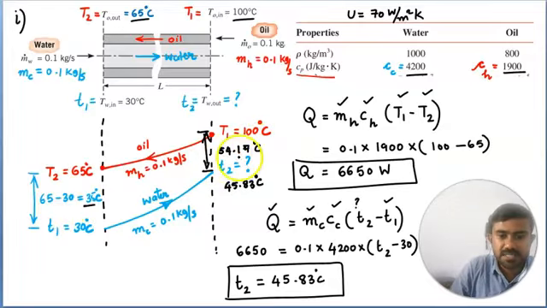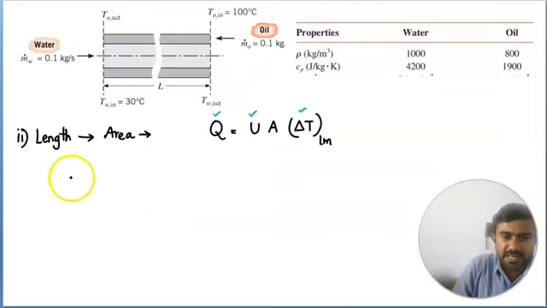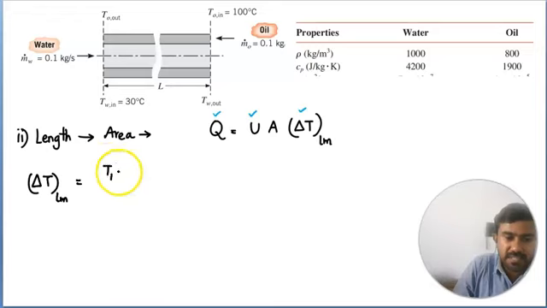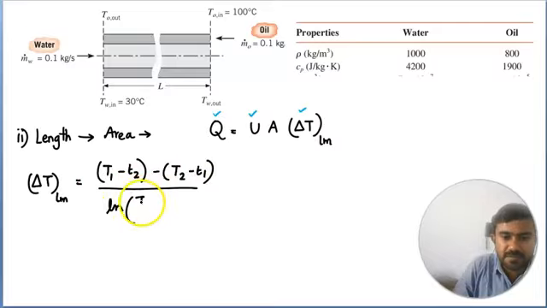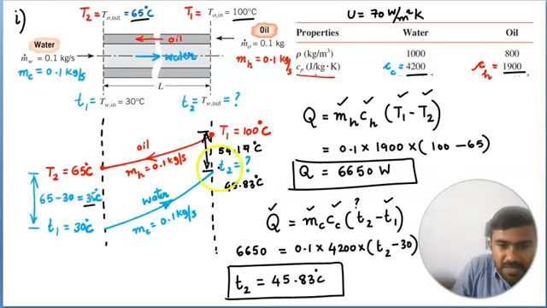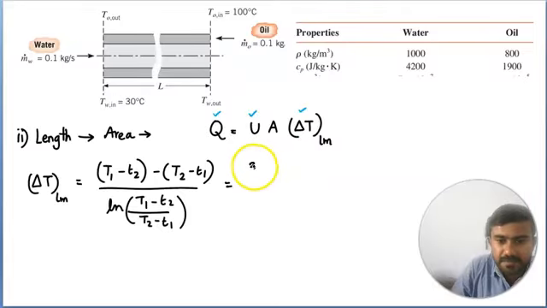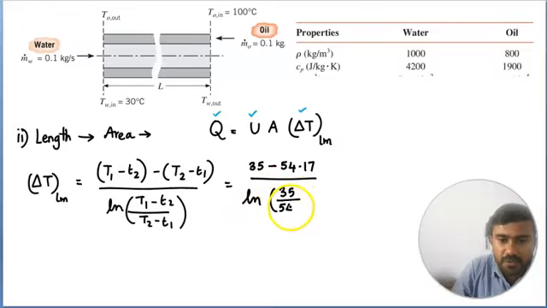So we can use these numbers to find the LMTD, or you can use the formula directly. The LMTD in counterflow is (ΔT1 minus ΔT2) divided by the logarithm of (ΔT1 by ΔT2). If you do this, you get 35 minus 54.17 divided by logarithm of 35 by 54.17.